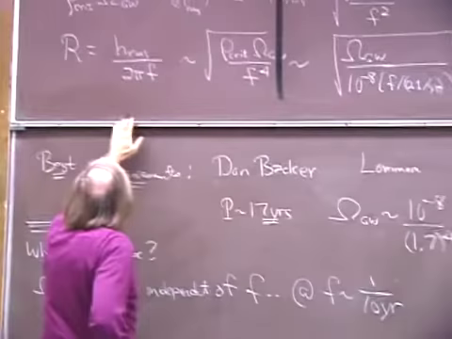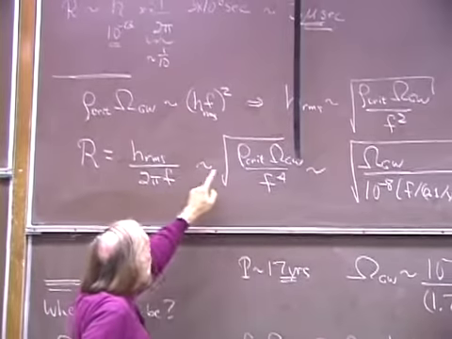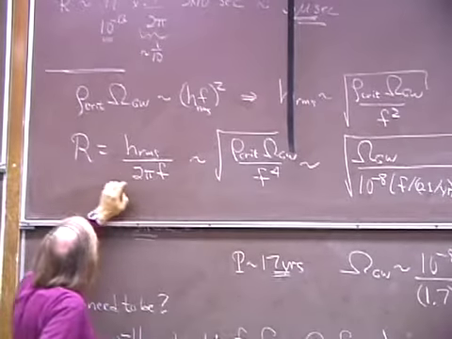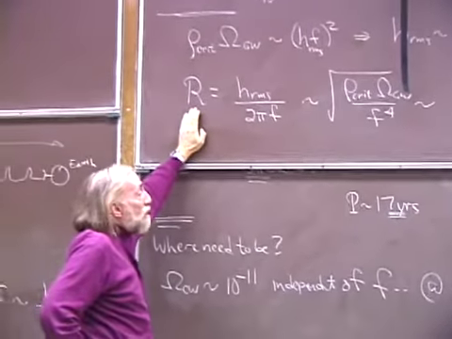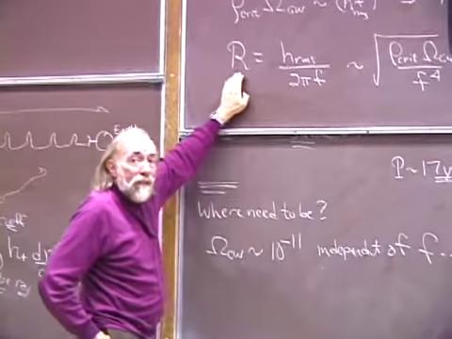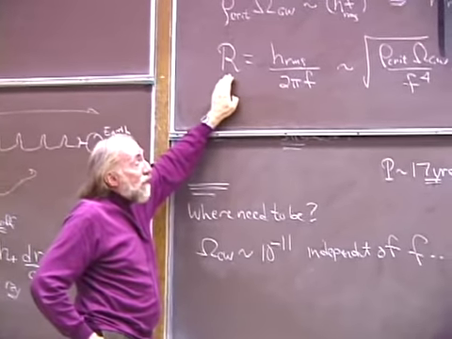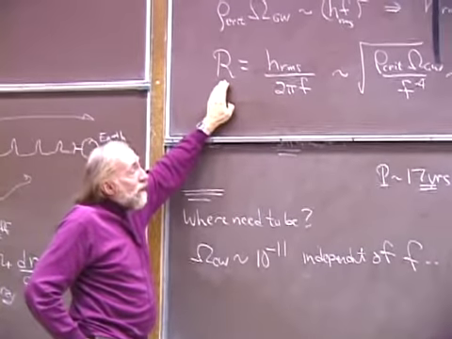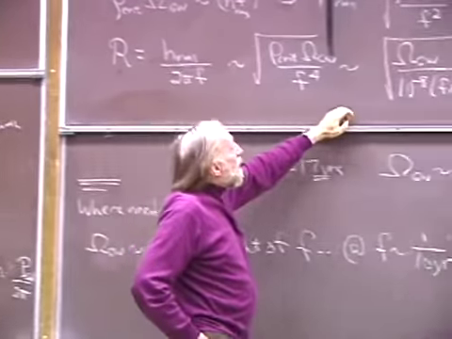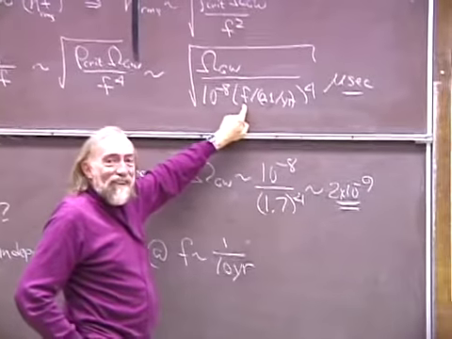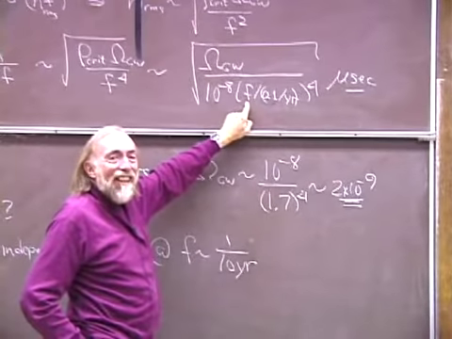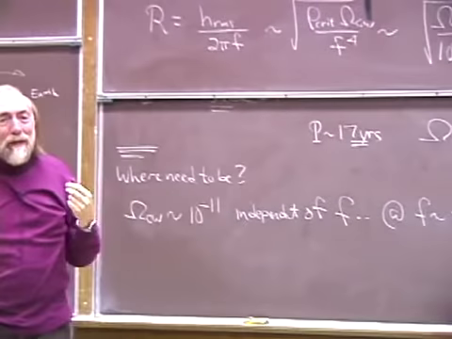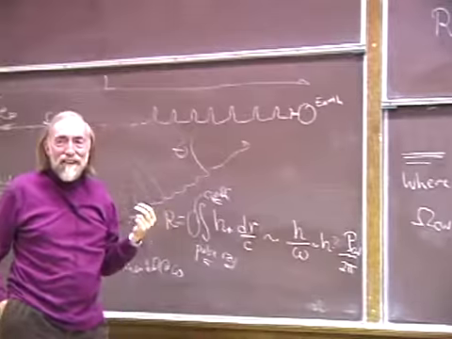Since the residuals go as the square root of omega, that corresponds to improving the residuals by about a factor of 10. So you would really like to get down to 1/10 of a microsecond in the residuals. Or live a factor of 3 longer. That is, in a worst case, if you can't improve the technology, you go for periods of 60 years instead of periods of 20 years.